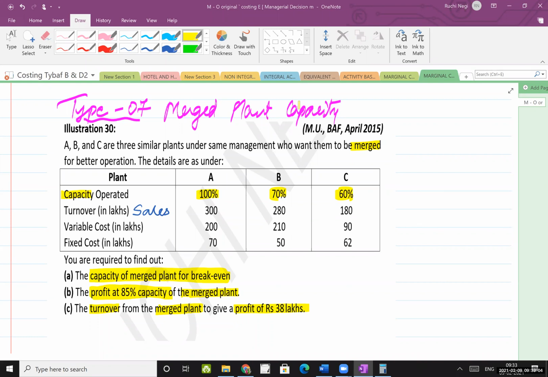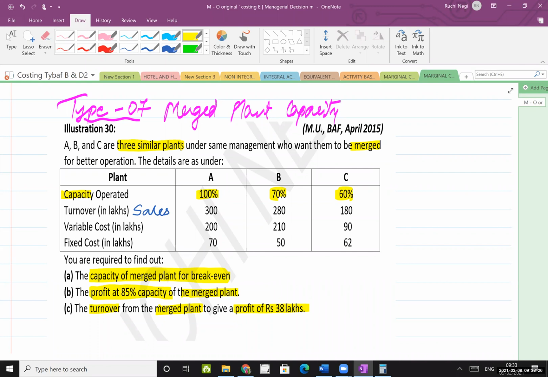Okay, fine. Now, understand what these merged plants are. What did I tell you in the beginning? There are three similar plants. So for calculating merged plant capacity, the basic assumption is that the plants should be similar.